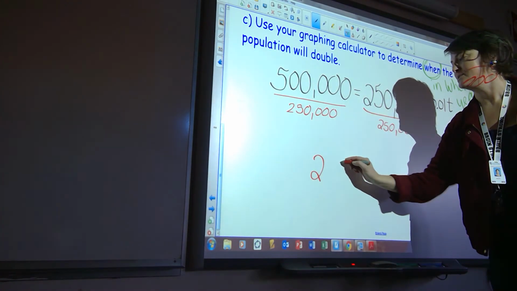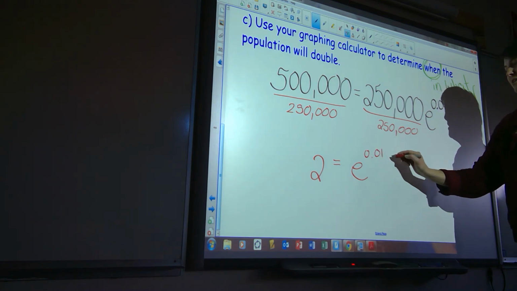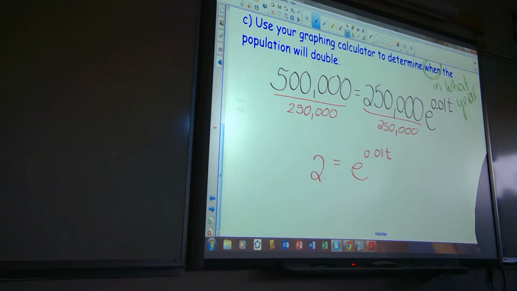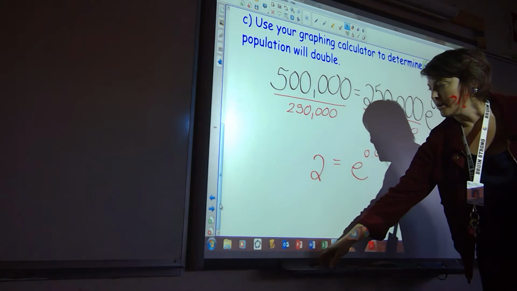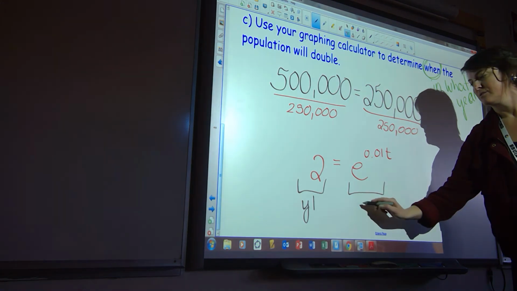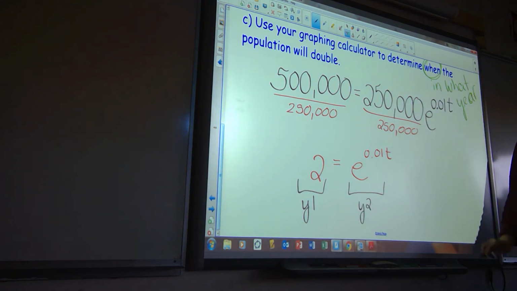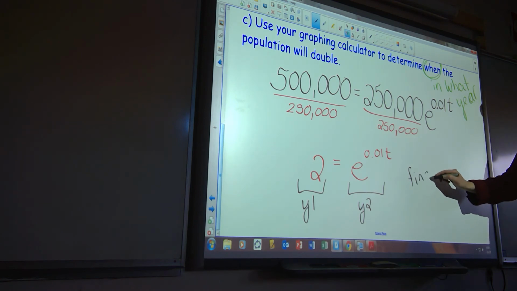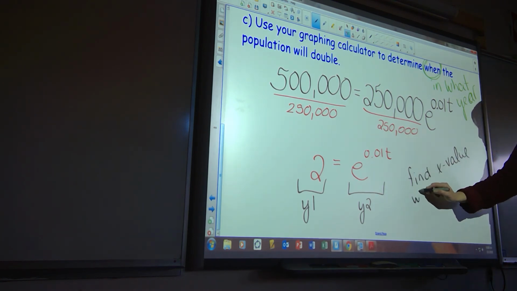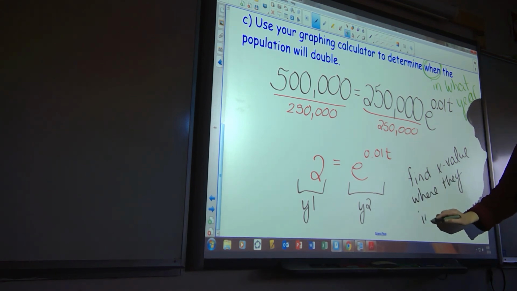So this works out to be 2 equals e to the 0.01t, and then you can put that t as an x when you put it in. Then put this in as y1, put this in as y2, and find where they intersect.